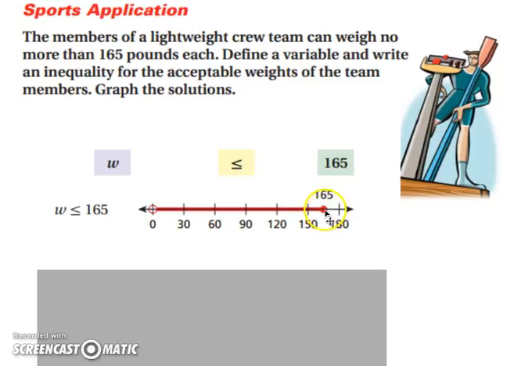Now, oftentimes when you would see this inequality, you would just continue and write an arrow and go this way. However, we're dealing with a real-life application, and we know that nobody's going to be weighing less than 0 pounds. It's kind of impossible. So, put an open circle on 0, because you can't have a weight that's less than 0 and still be human.